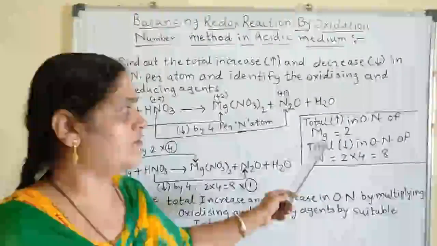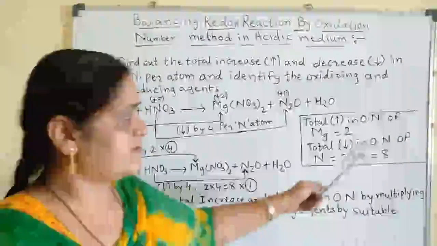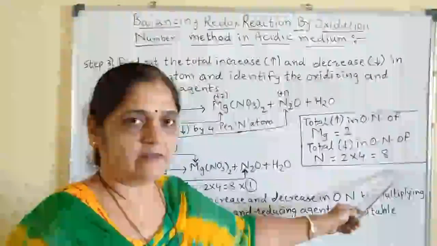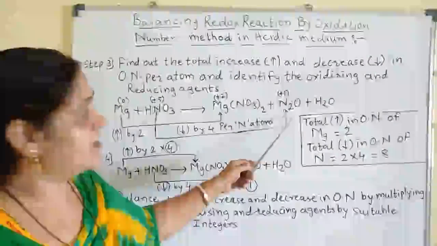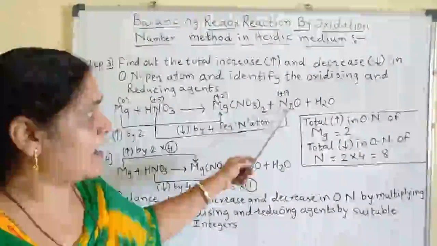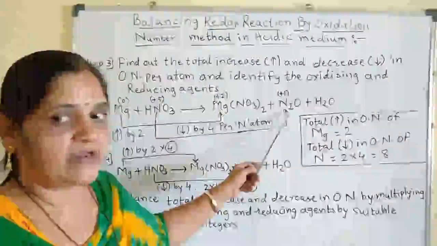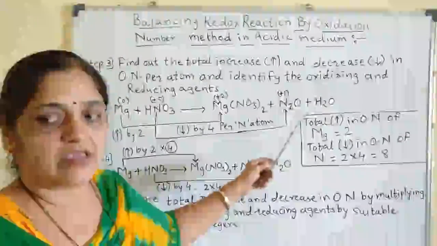Therefore, total increase in oxidation number of Mg is 2, right? And total decrease in oxidation number is equal to 2 multiplied by 4 is equal to 8. How is it 2 multiplied by 4 is equal to 8? So here the nitrogen is having total decrease by 4, and one nitrogen atom will be having total decrease by 4.